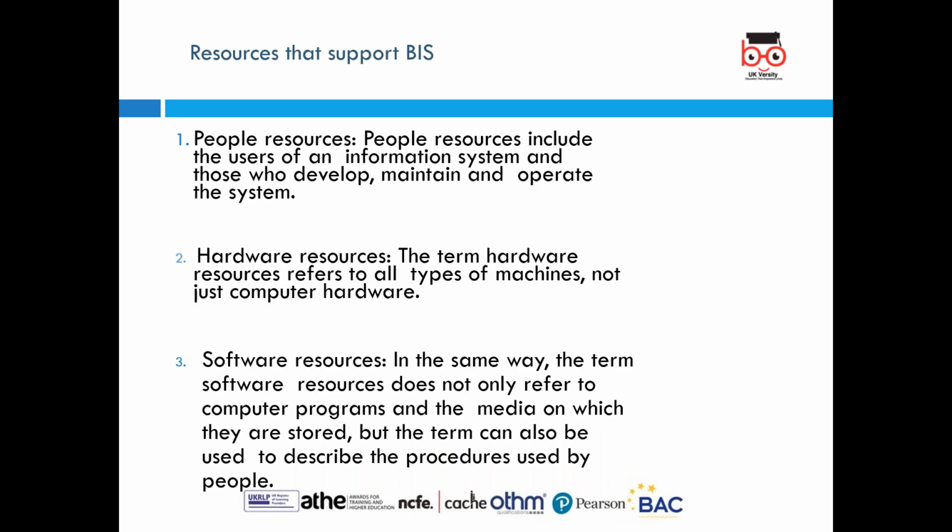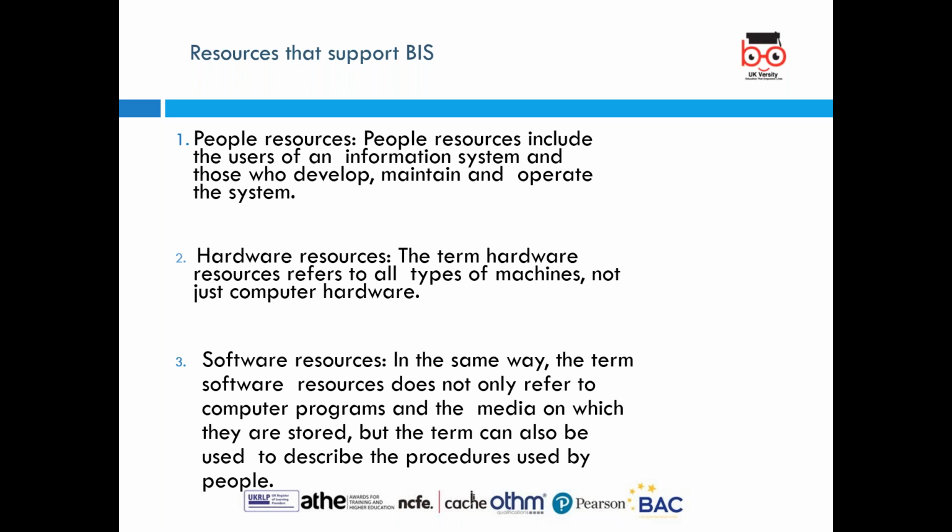So a couple of resources that can be supported on a BIS relate to, first of all, the people who are working with the development team. Also the hardware and infrastructure which are going to be used by the team with all the facilities. And also we're going to take into consideration the software resources.